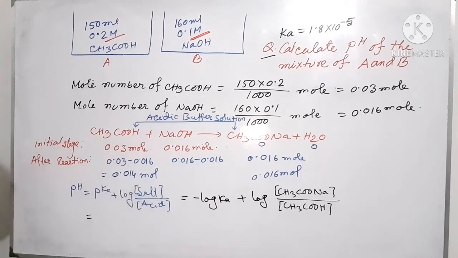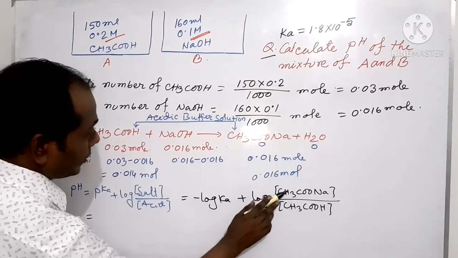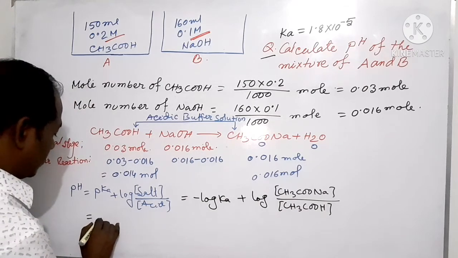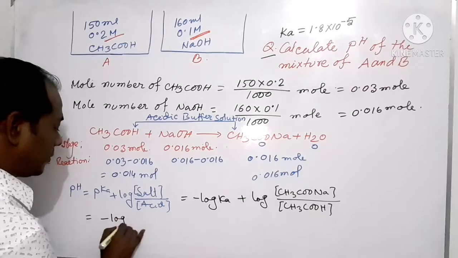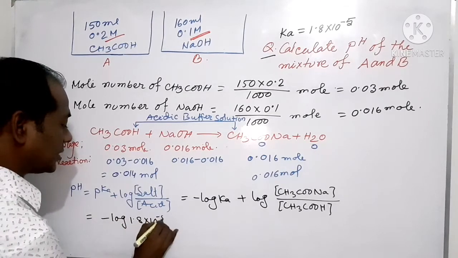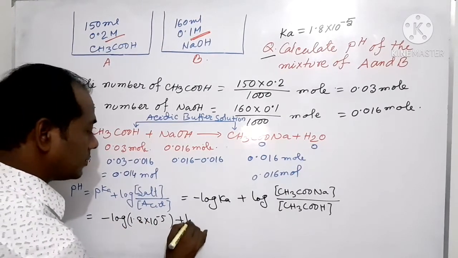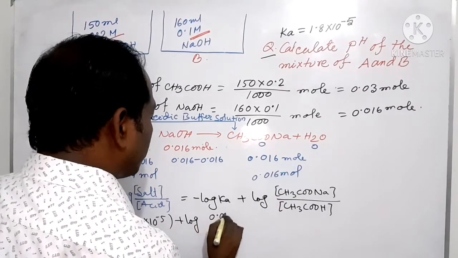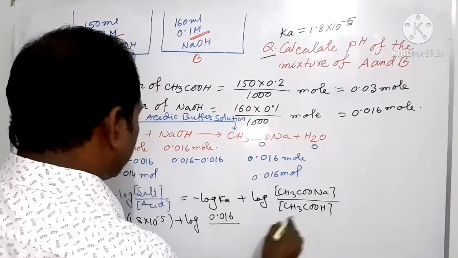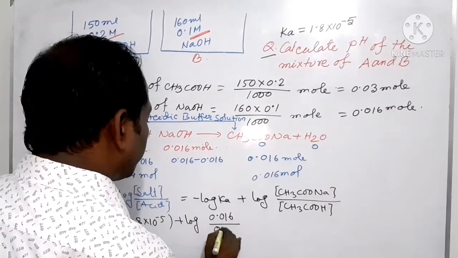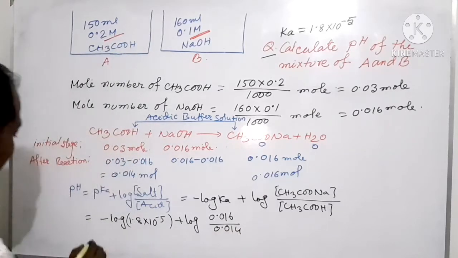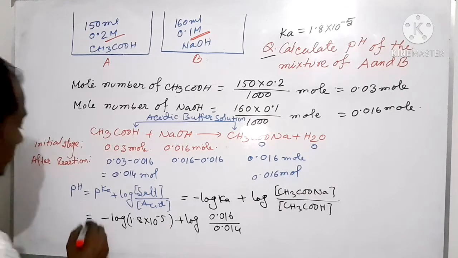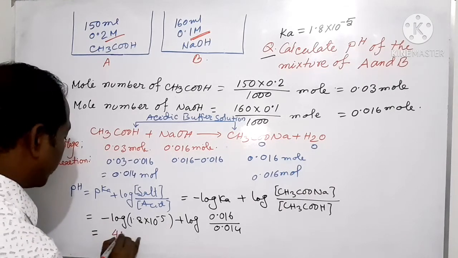Here we use mole number, so we write minus log of 1.8 into 10 to the power minus 5 plus log of the mole number of sodium acetate, 0.016, divided by the mole number of acetic acid, 0.014, and the pH of this solution mixture is 4.8.